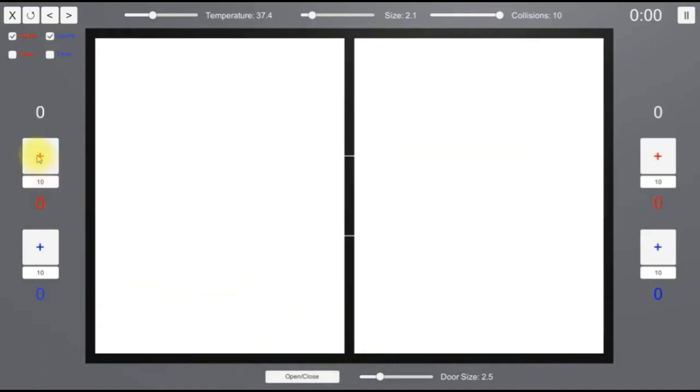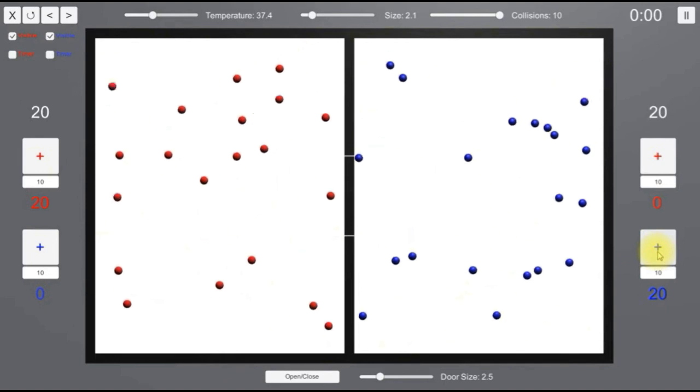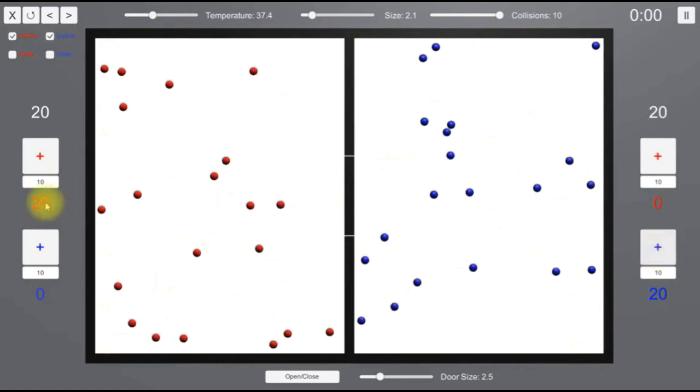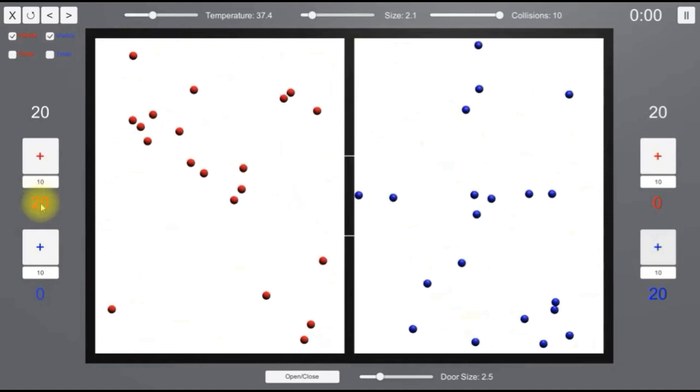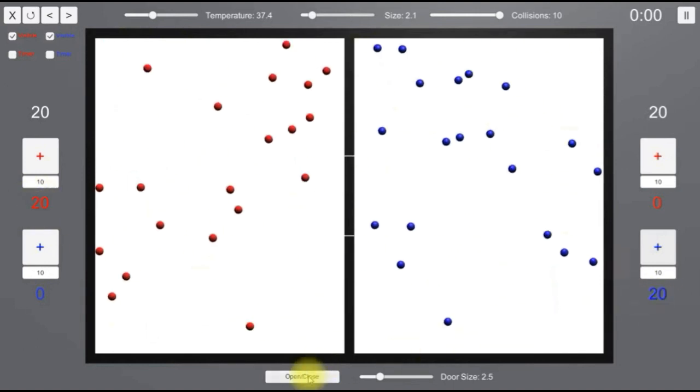Now let me ask a slightly different question. If I have my 20 molecules on the left, is it possible that I could keep them in equilibrium, that is, continue to have about 20 molecules on the left, if I add 20 molecules of a different type, blue molecules, on the right? Now what happens when I open the door? Well, watch the numbers. Start out with 20 red on the left and 20 blue on the right, and we open the door.